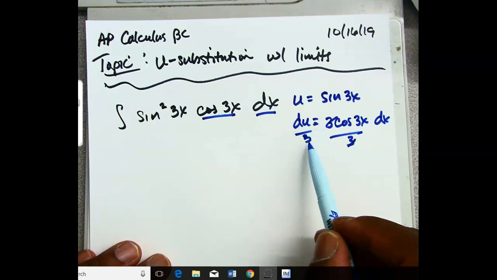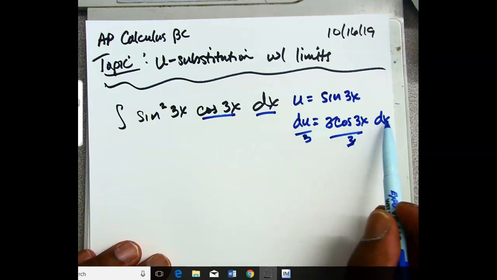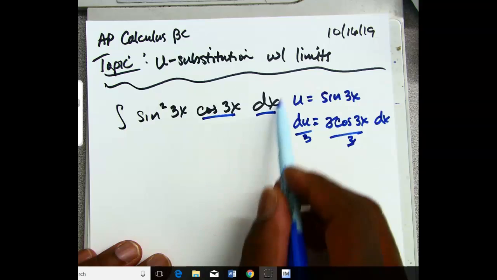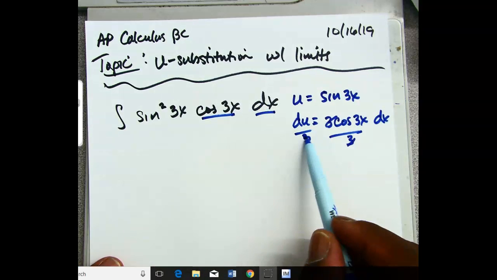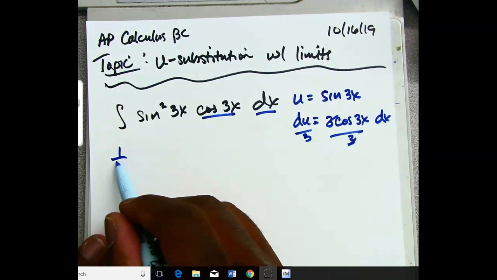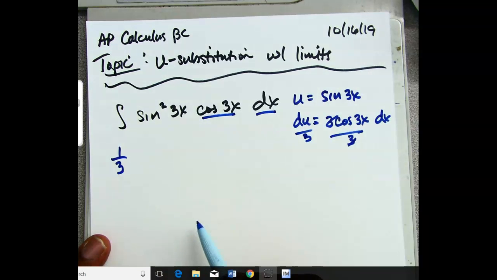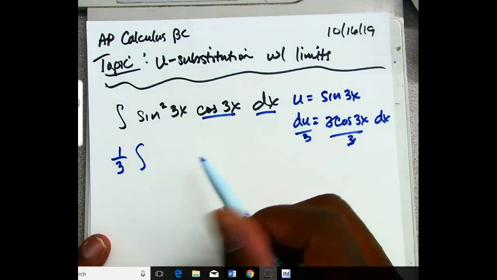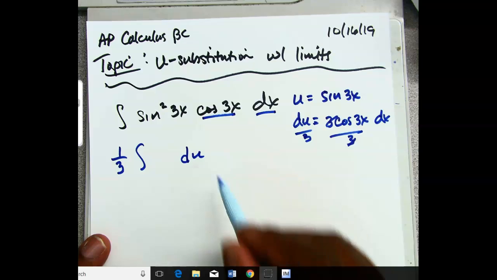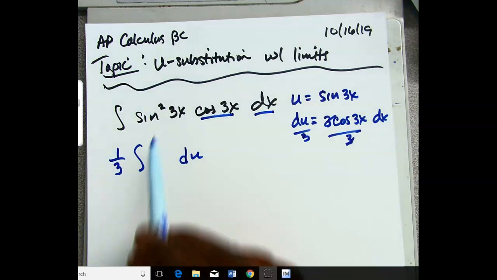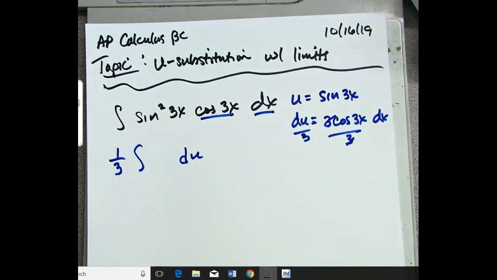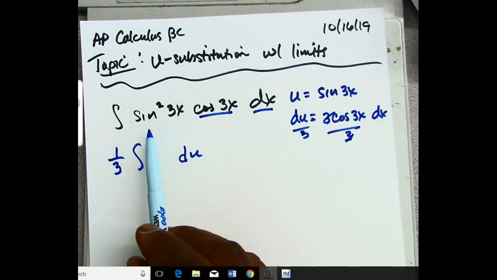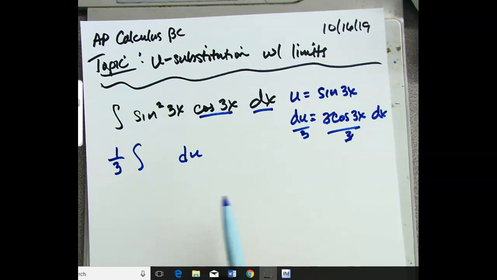So du over 3 is equal to cosine of 3x dx. We can replace the cosine of 3x dx with 1/3 du. So that would be 1/3 the integral. We already have the cosine of 3x dx as du. So there's our du. Now what goes in this other part? U squared.